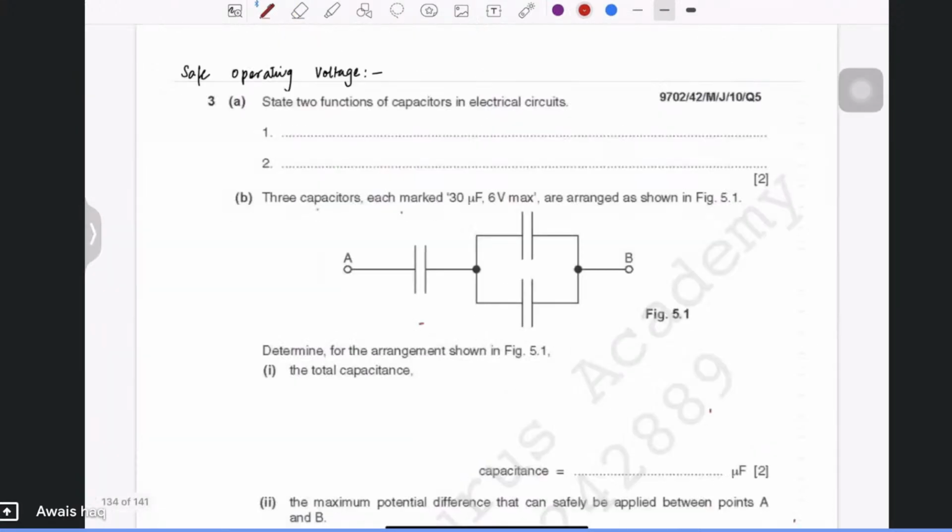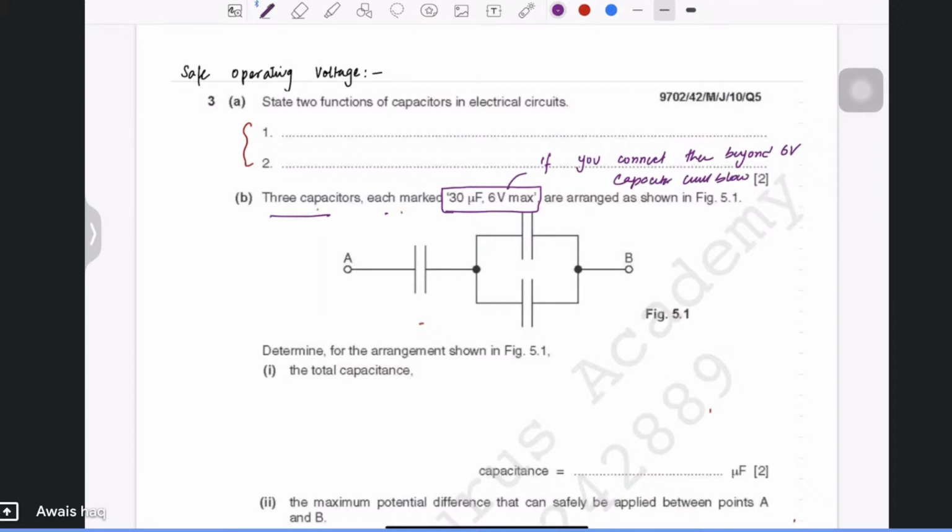And now we're going to go to safe working. Again, 2 functions, you already know, you can do it. Now, when something is written like this, like 3 capacitors each marked with this, what does that mean? It means that if you connect them beyond 6 volts, the capacitor will blow.